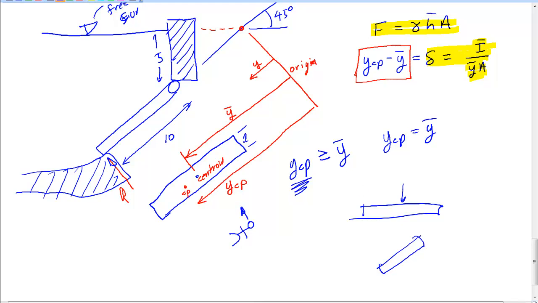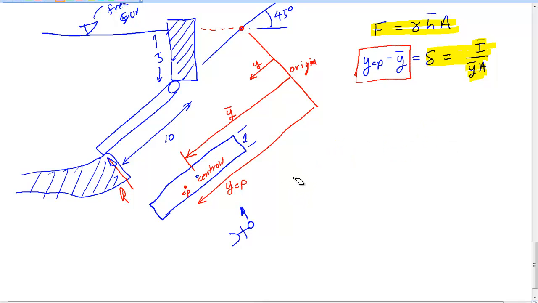You start tilting it, they start moving away from each other. What was nice here is if you reference this, then the distance between these two is nothing more than the delta, which is why I like to reference it this way.